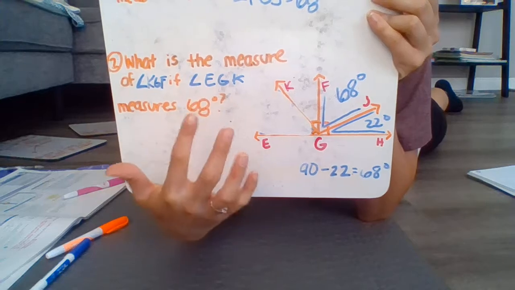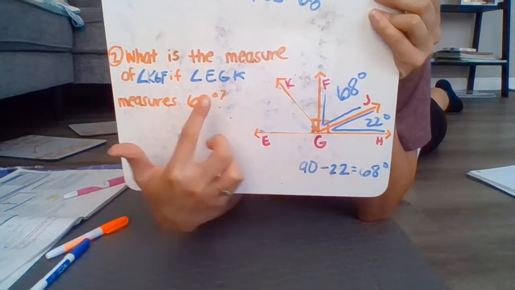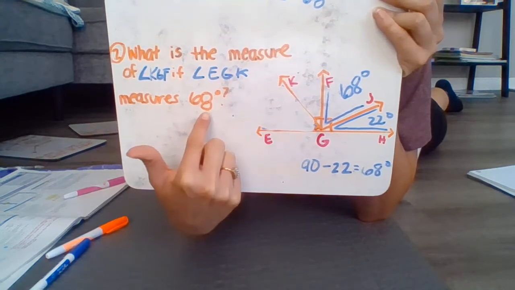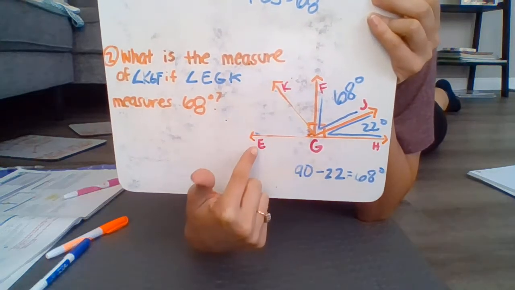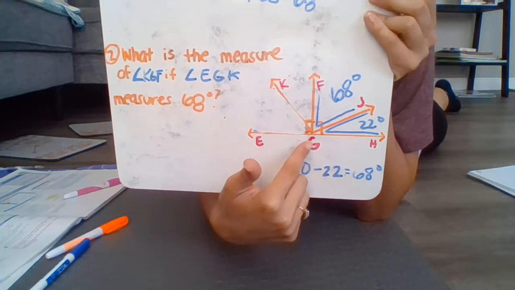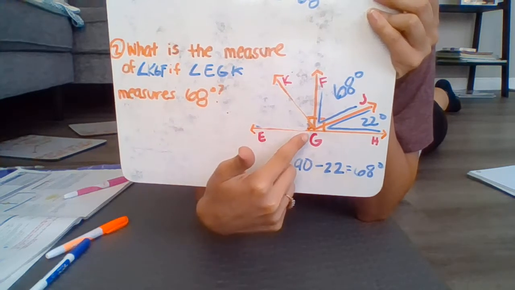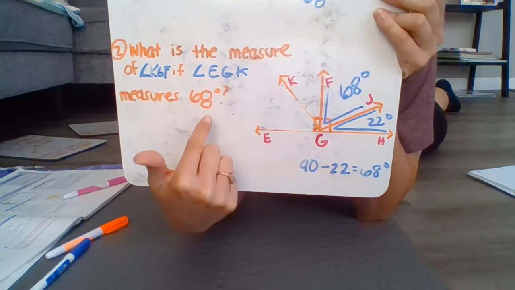All right, so let's find what we need to figure out. I need to figure out the measure of this angle, and this problem tells me that EGK is equal to 68 degrees. So EGK, remember the middle letter is your vertex. So EGK is equal to 68 degrees.